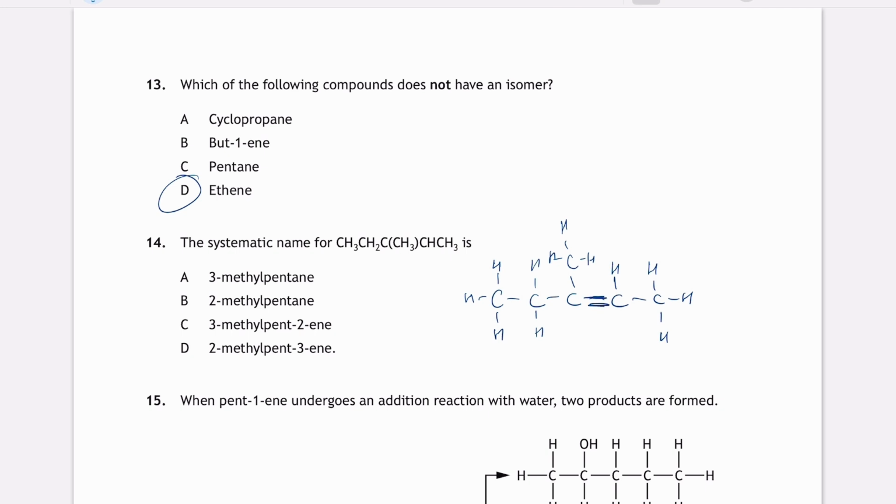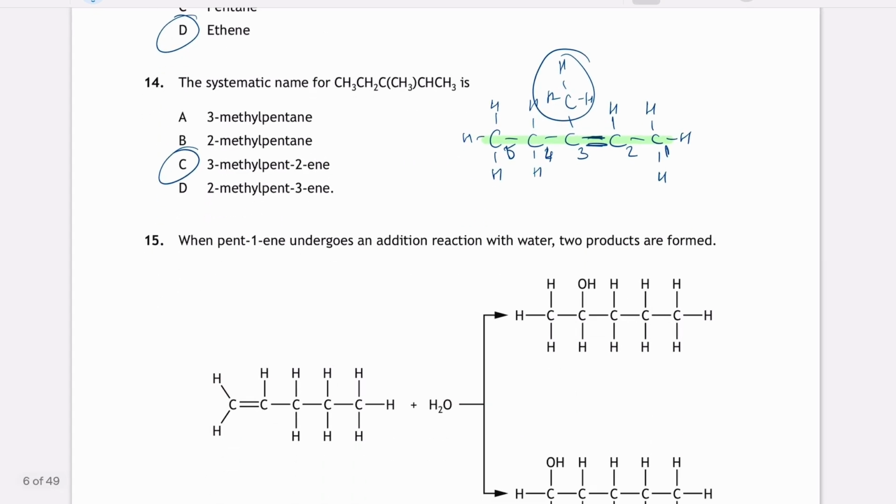For naming it then, the longest chain we have is 1, 2, 3, 4, 5 carbons long, so it will be a pentene because it's got a double bond in it. We have to number from the end closest to where the double bond is, so it would actually be pent-2-ene, and the branch, the methyl branch, is on carbon 3, so it'll be 3-methylpent-2-ene.